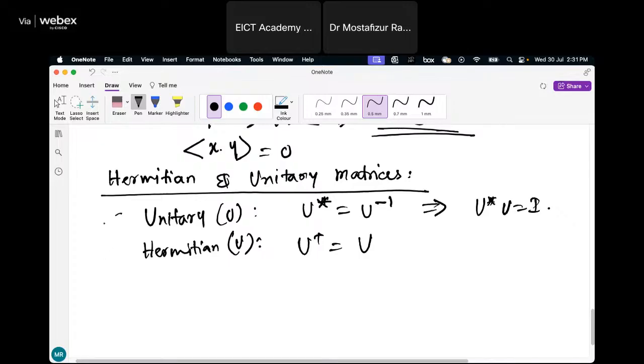The algorithm which helps us convert Hermitian matrices, or all the physical observables, to the quantum circuit representation, or the unitary representation, is called the Hamiltonian simulation algorithm.